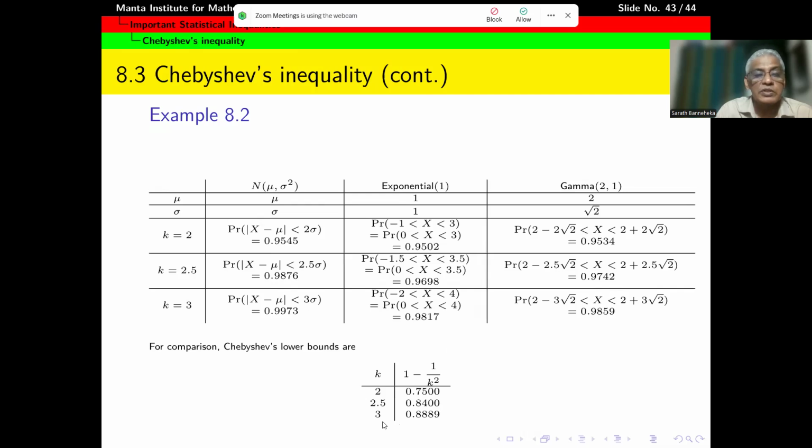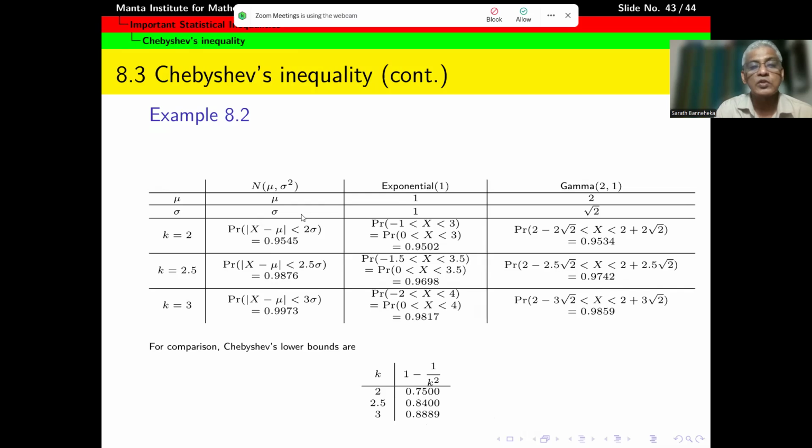And within three standard deviations, Chebyshev's inequality says, as I mentioned, 8 over 9, which is 0.8889. And the actual probabilities, of course, satisfy that condition, right? It's more than that. It's nearly 1 in that case. This is not going to change depending on the distribution.